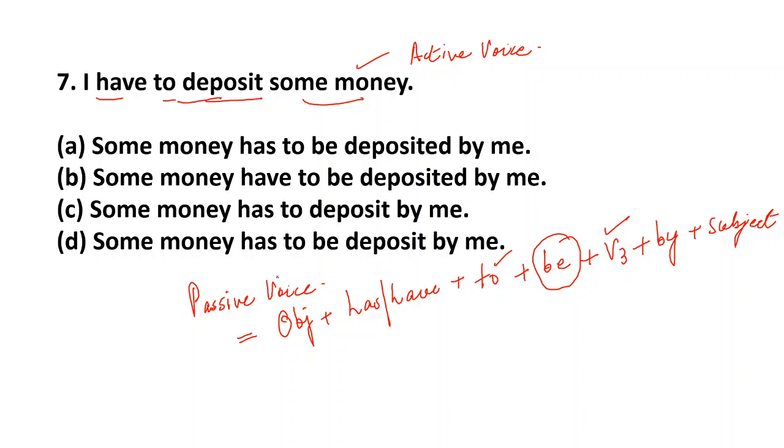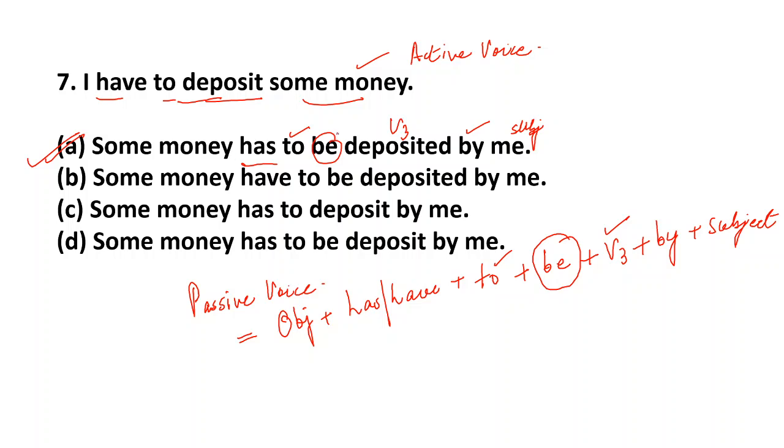This is utterly wrong, isn't it? This is very, very wrong. So you cannot use it. So here the correct answer is this: some money has, to is there, be is there, this is V3, by is there, and this is the subject.